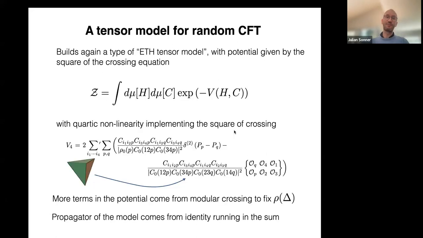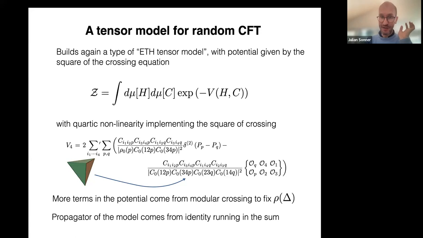So what is the ensemble that we get? Well, we then again get some ETH type tensor model where we average. So H here is averaging over L0 and L0 bar, the matrices whose eigenvalues are P and P bar. And we average over the operator product coefficient C, okay, with a potential.